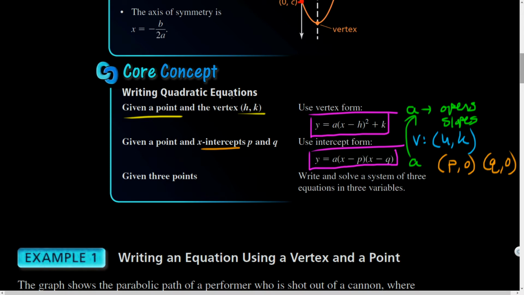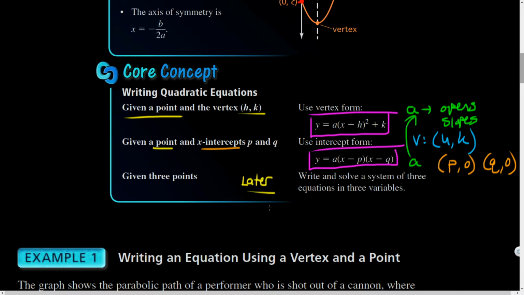And so if I know the intercepts and a point, this is the preferred method. And there is a way to do it using 3 points in which none of the points were necessarily intercepts and none of the points were the vertex. And that requires solving a system of 3 equations and 3 variables. And so we are going to do that.